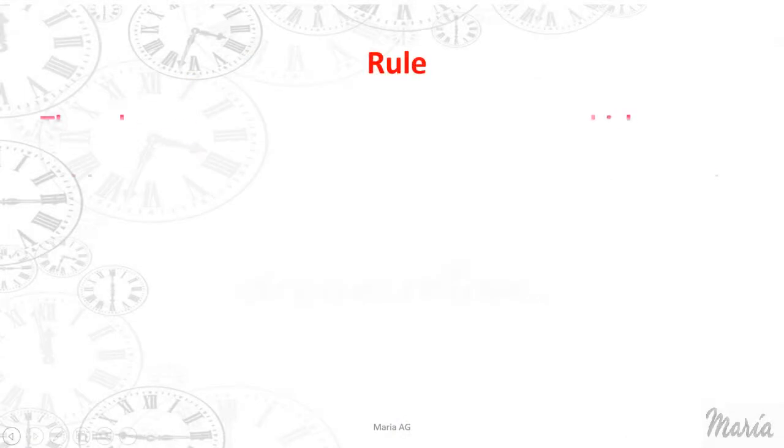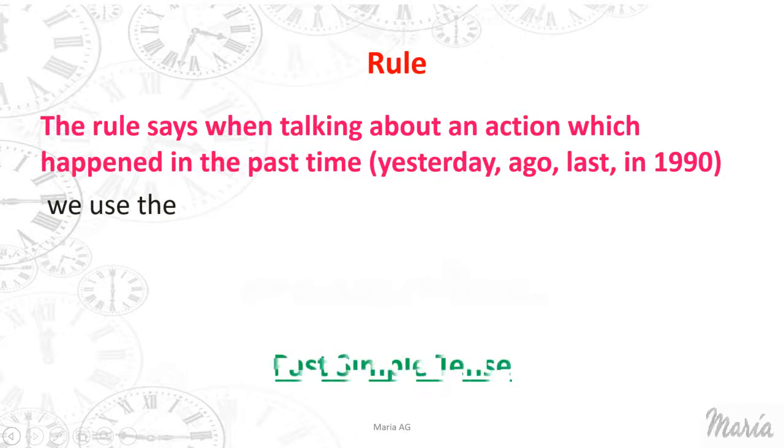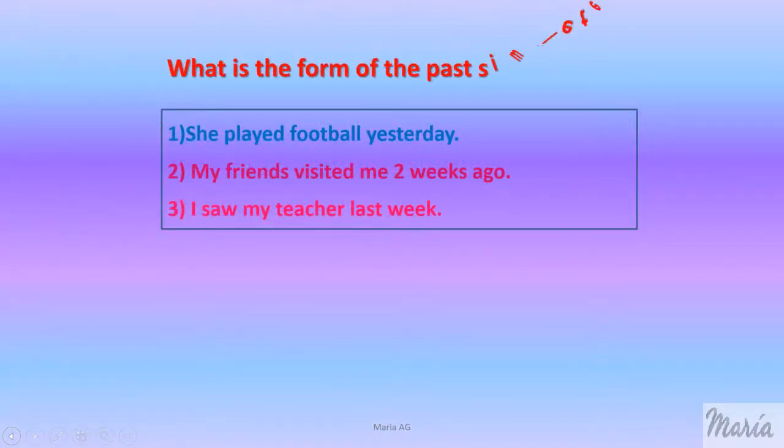The rule says, when talking about an action which happened in the past time: yesterday, ago, last, in 1990, we use the past simple tense. What is the form of the past simple tense?